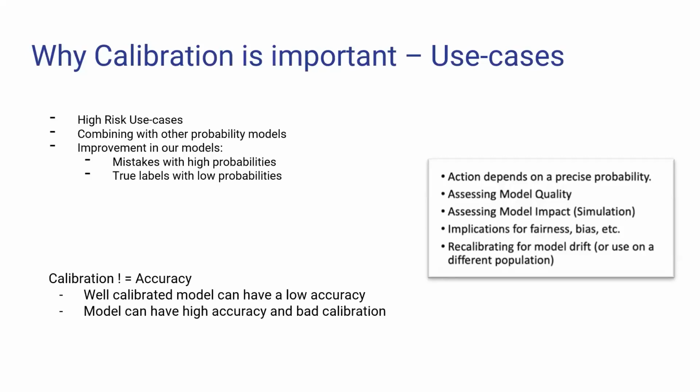Now I'm talking about the model quality. I want to assess my model quality here. So I'm saying I am 80 or 90% confident my model will provide me the correct result.